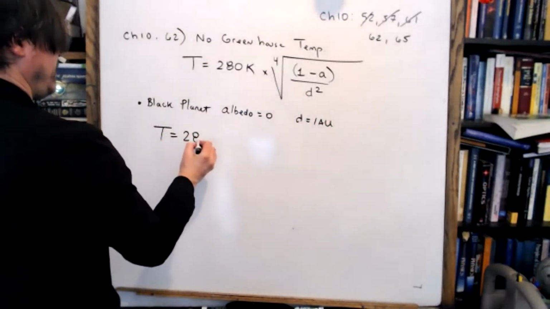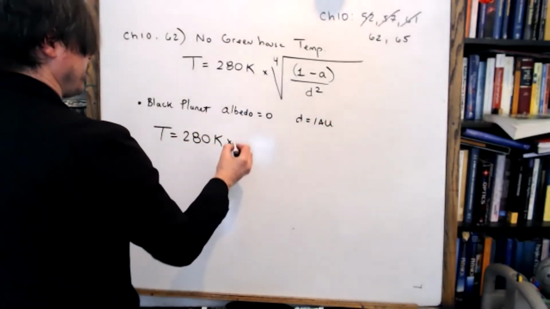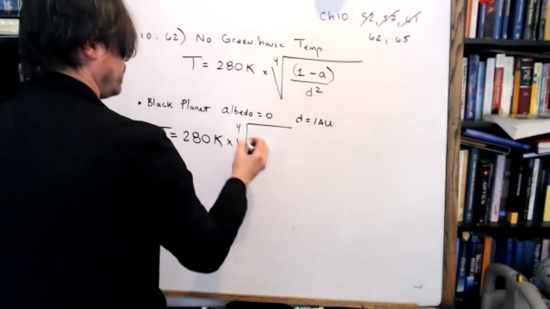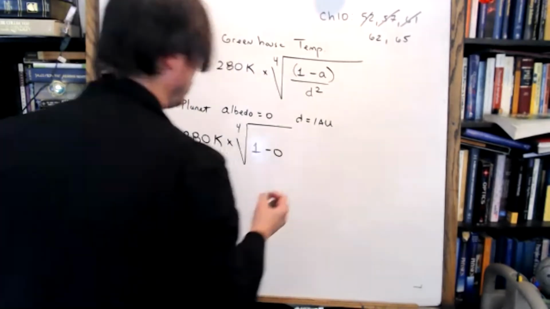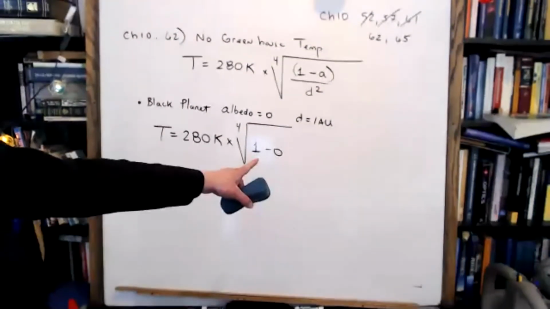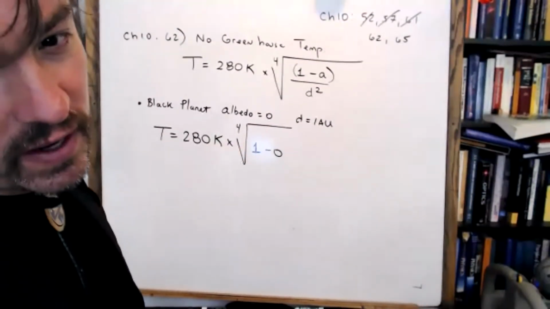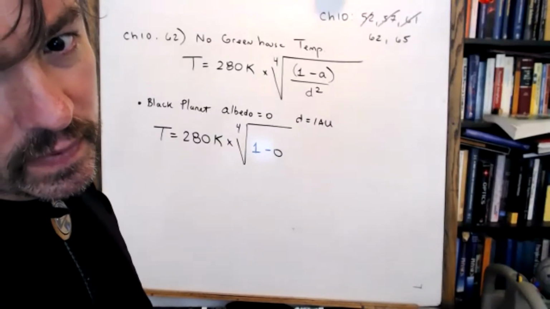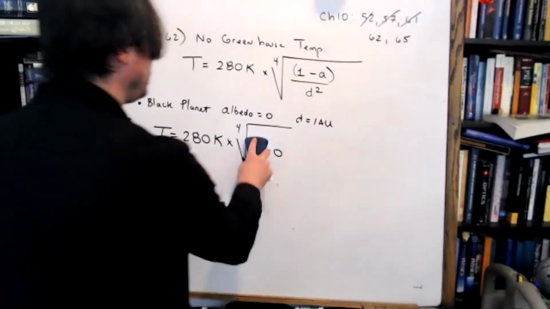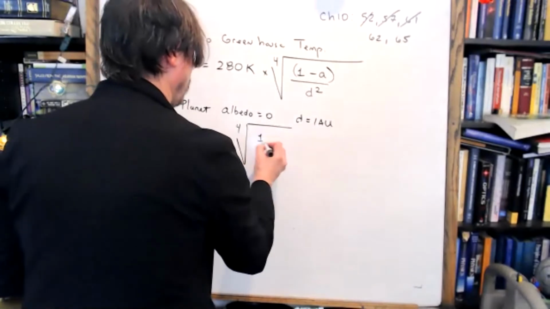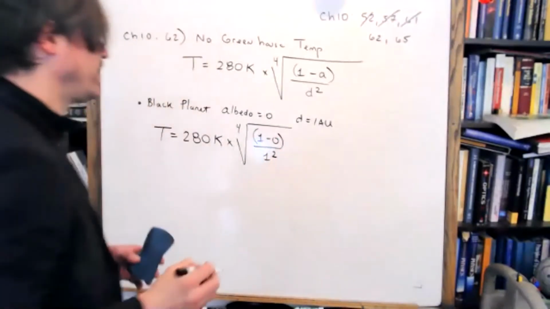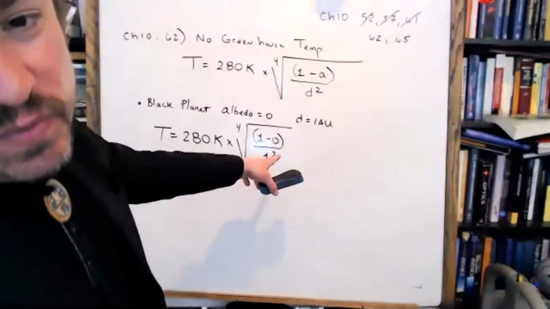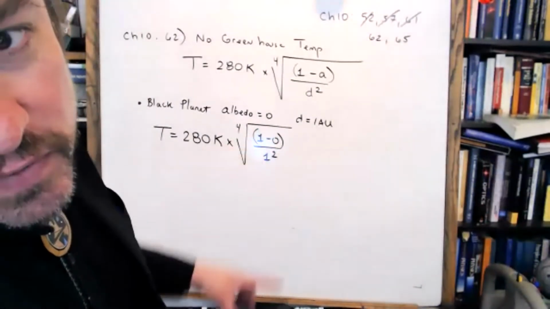So we have 280 Kelvin times the 4th root of 1 minus 0 over 1 squared. 1 squared is 1, 1 minus 0 is 1, 1 over 1 is 1.